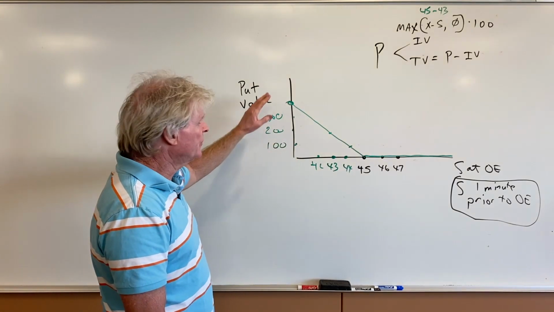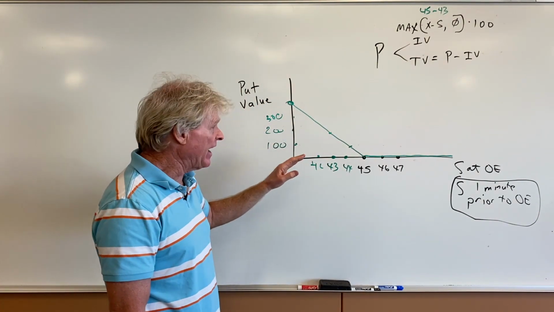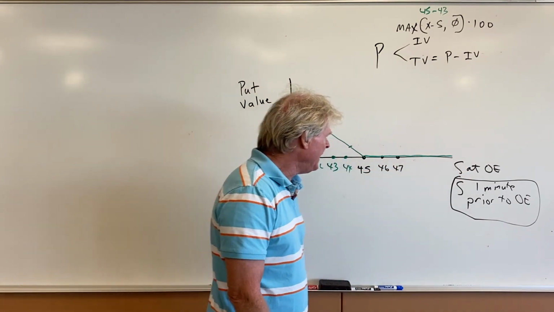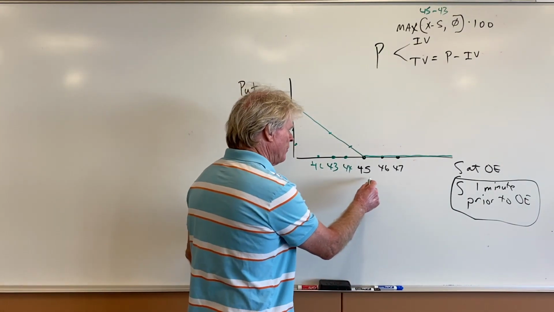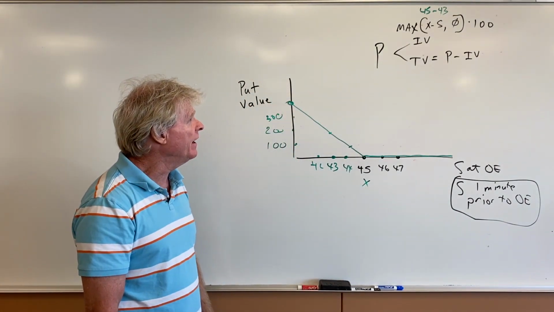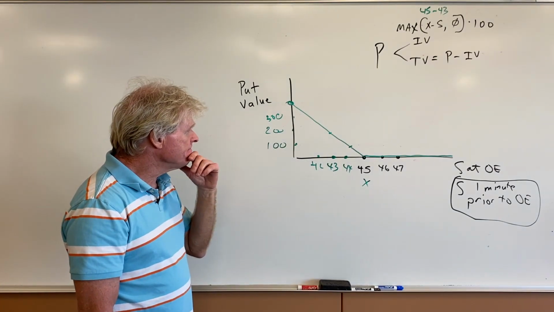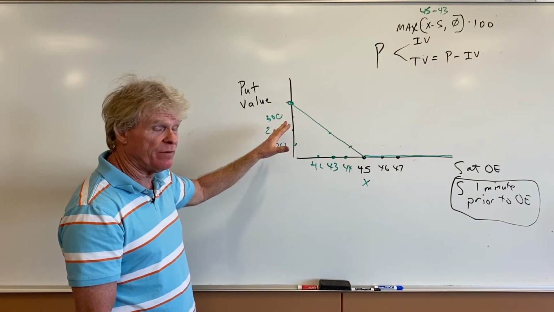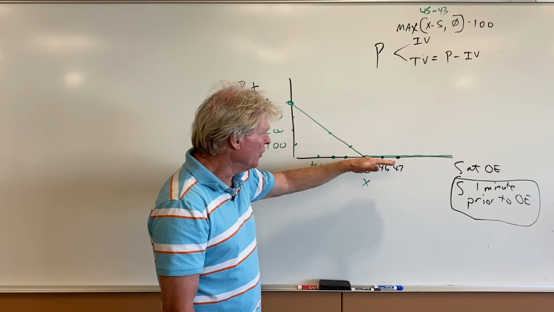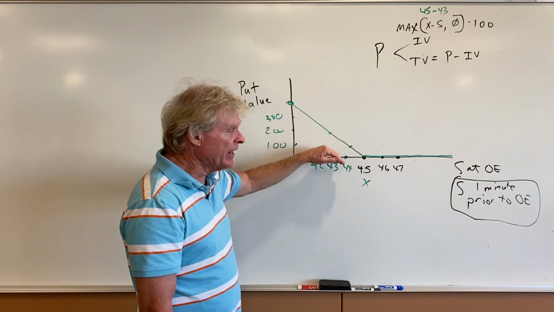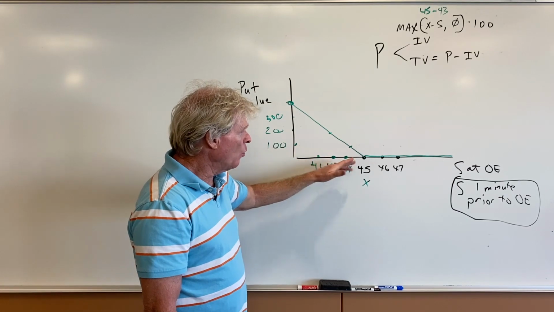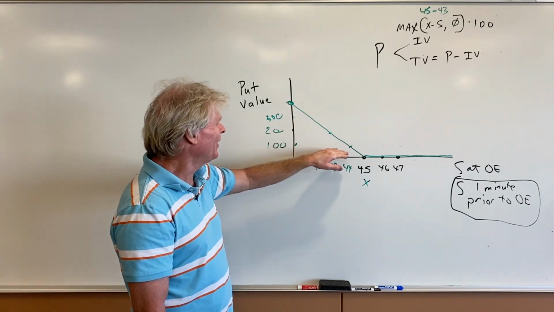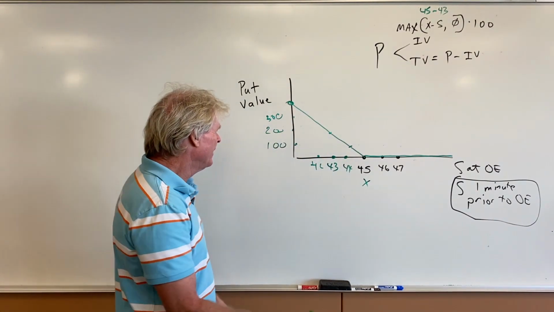This is a value diagram. Again, this is a value diagram for a put option. Put value as a function of stock price at OE. In this case, the strike price of the put is assumed to be 45. And once again, we see this put value diagram as being composed of two linear segments, one with a slope of 0, the other with a slope in this case of minus 100.